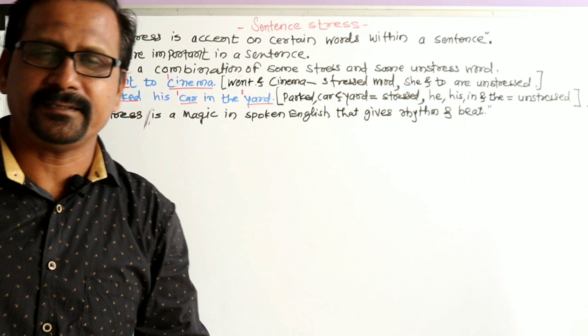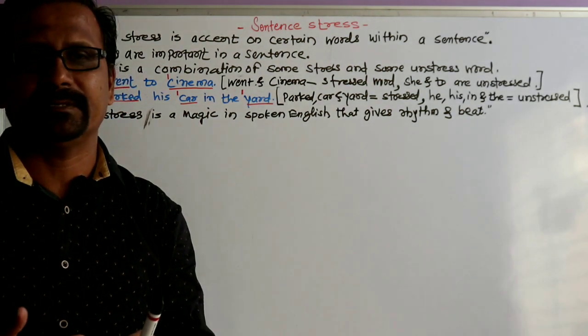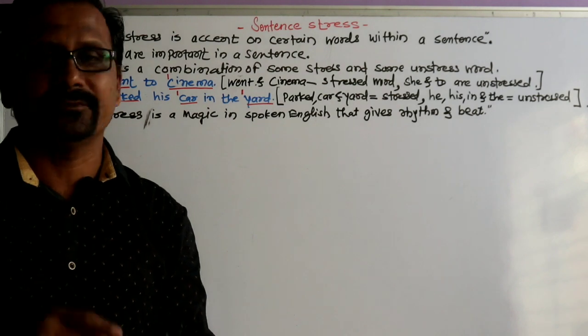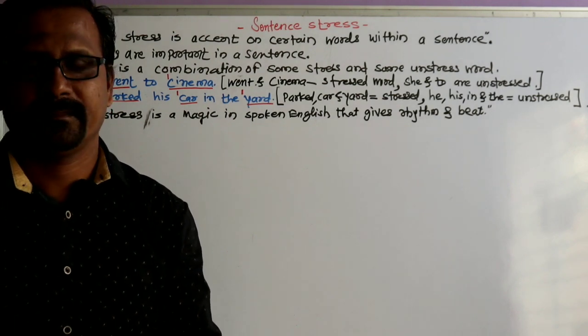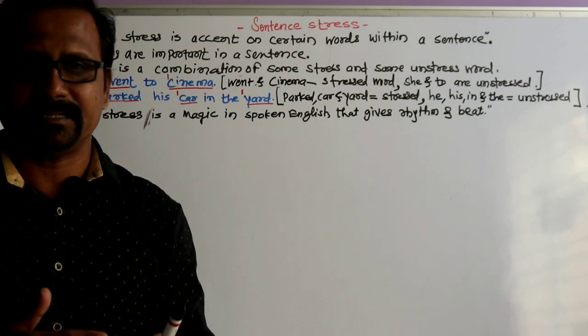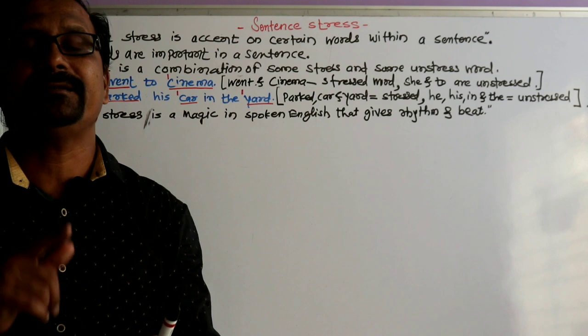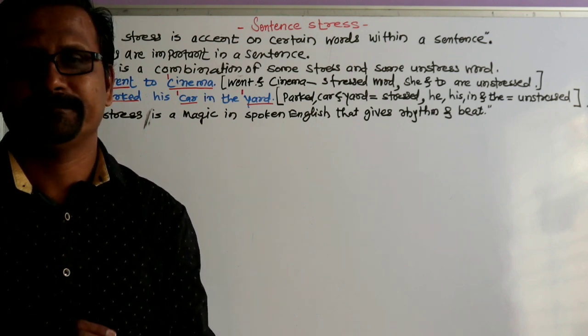Important thing is that when we have the traced syllables and untraced syllables, another word for that is weak syllable. Okay, when we trace the untraced syllable as well as the traced syllable in a sentence, it maintains the rhythm or the beat.